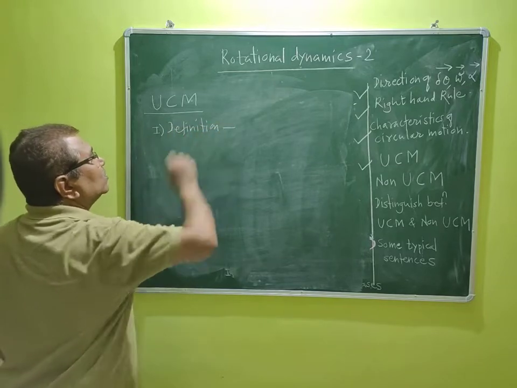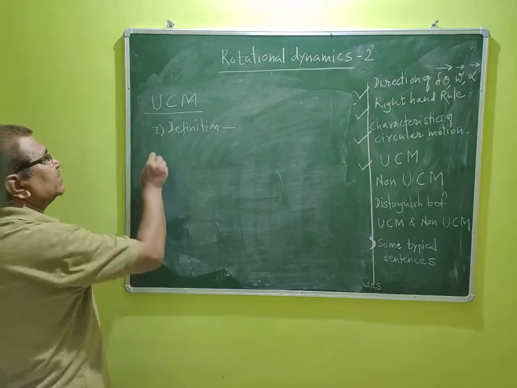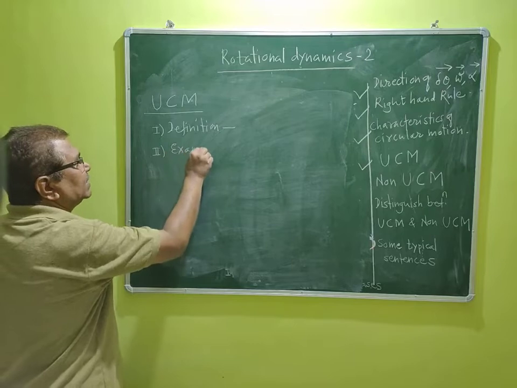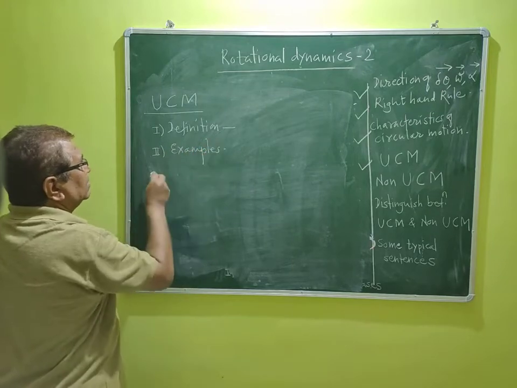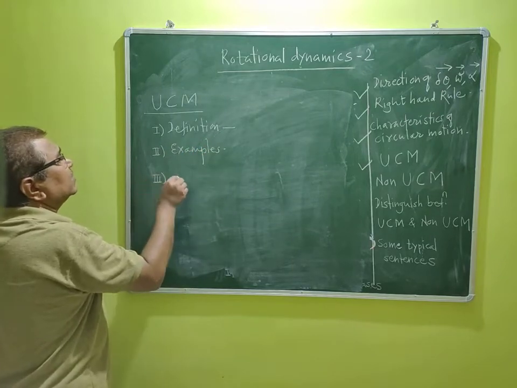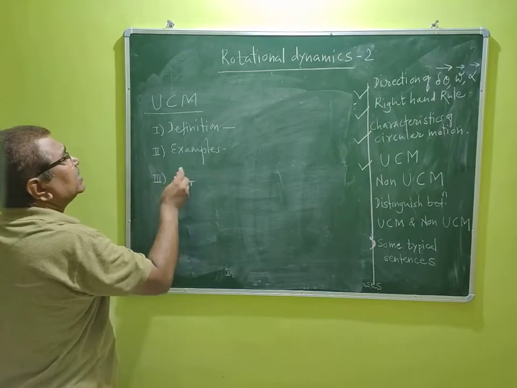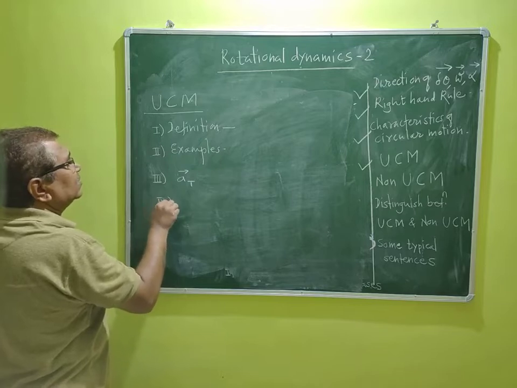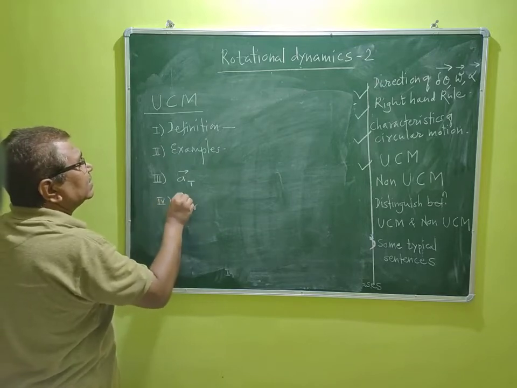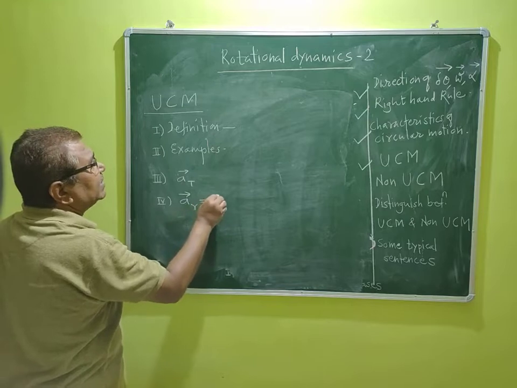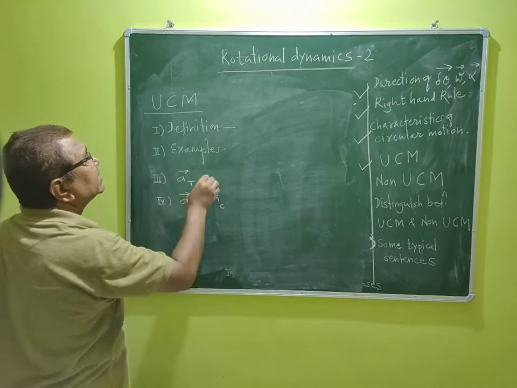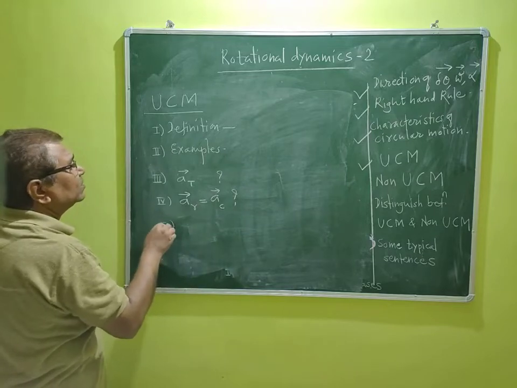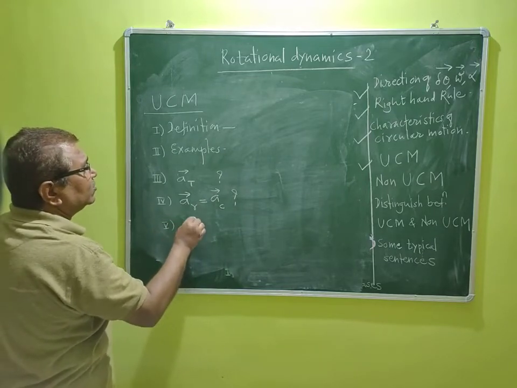So the explanation of uniform circular motion we will do by stating its definition, then giving some examples, then what is the tangential acceleration, what is the radial acceleration, also called centripetal acceleration, and number 5, what is the angular acceleration.